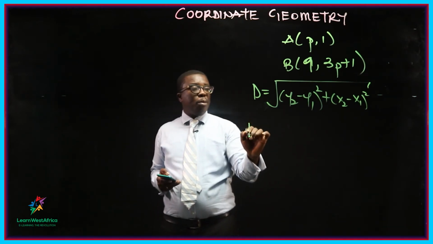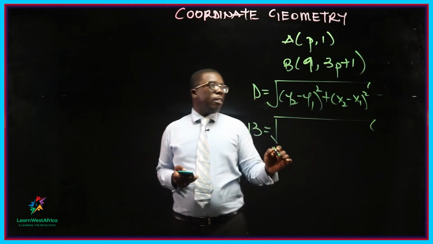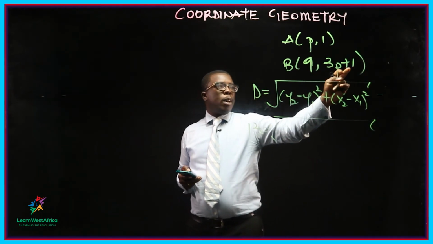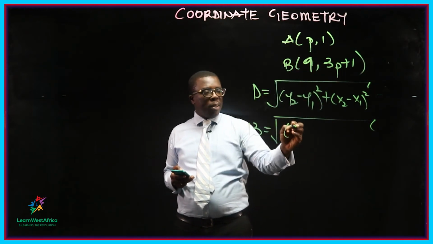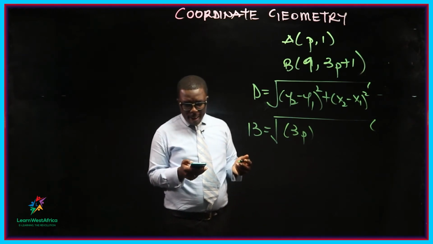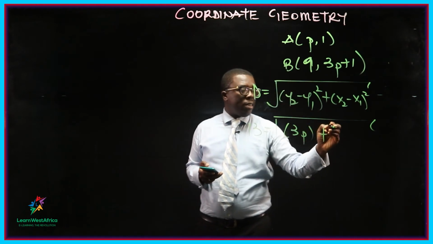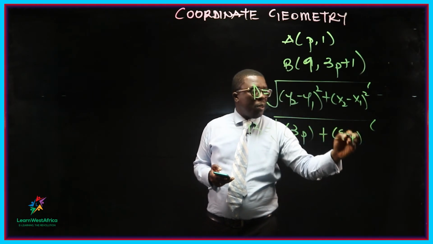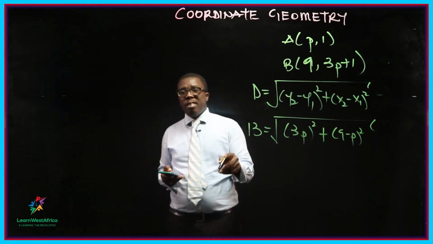So we're going to have 13 equals root, so 3p plus 1 minus 1 is going to give you 3p. Hope you're okay. That's what the problem says. And plus, then it's going to give you 9 minus p all squared. Okay? So 9 minus p all squared, and this is all under the root, and that's going to be 13.